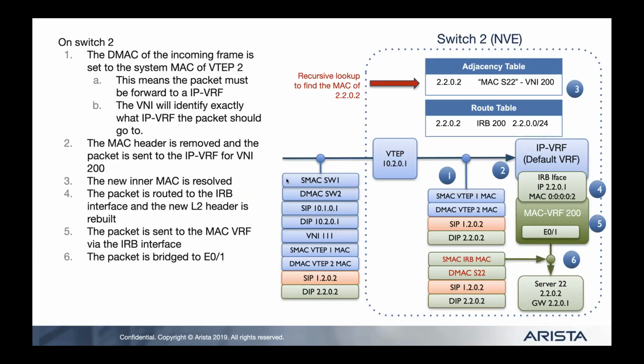You receive this packet here on VTEP 2. What you will do is remove all the extra headers. You are left with these things: the source IP is the same, the destination IP is the same, the source MAC is this VTEP SVI MAC, and then the destination MAC.